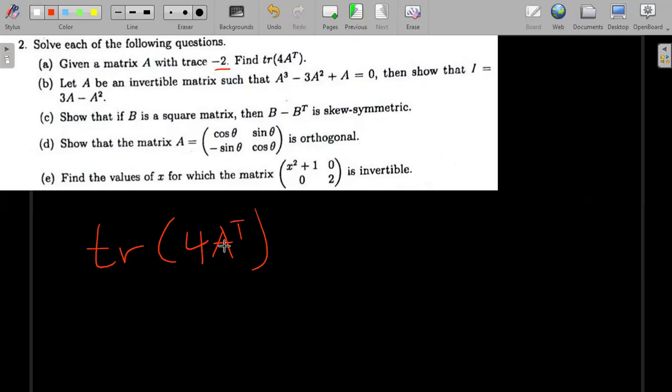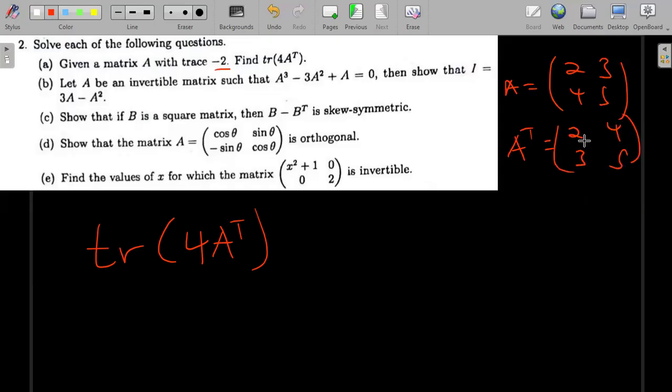Because the entries that sit in the main diagonal won't change when you find the transpose. So for example, if this is my matrix A, I have 2, 3, 4, 5, and then I find my A transpose to be 2, 3, 4, 5. You see that these entries in the main diagonal are not changing even if you have found your A transpose.